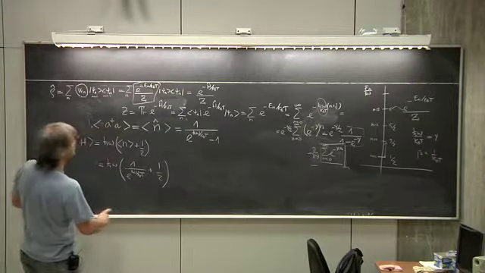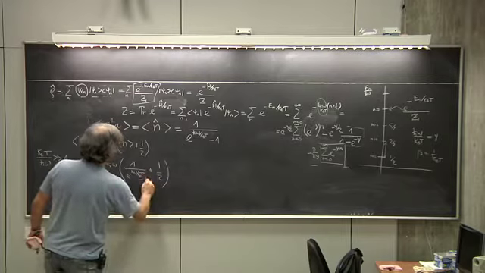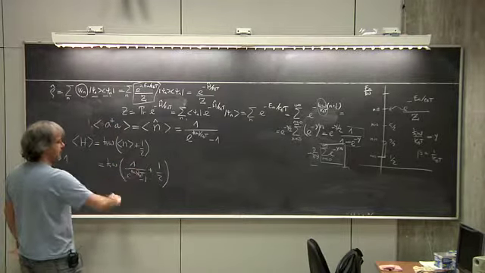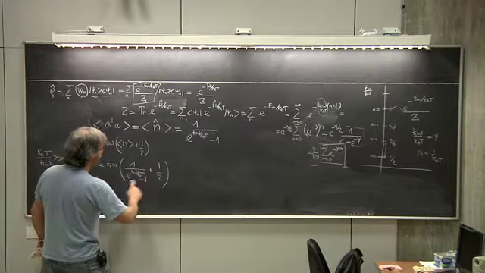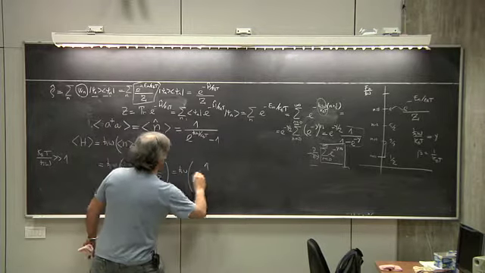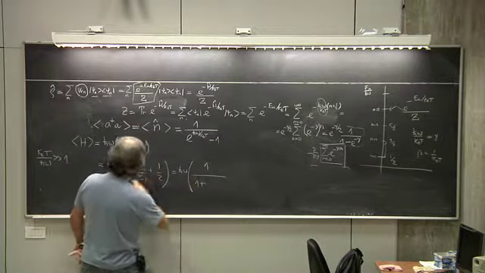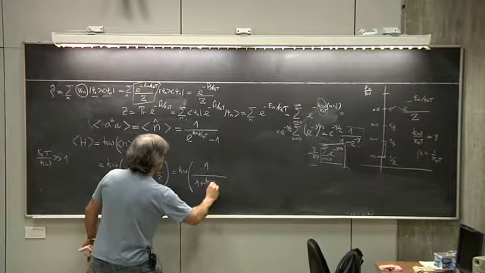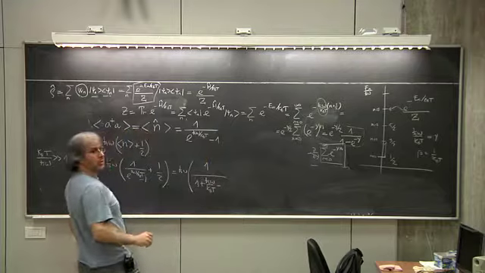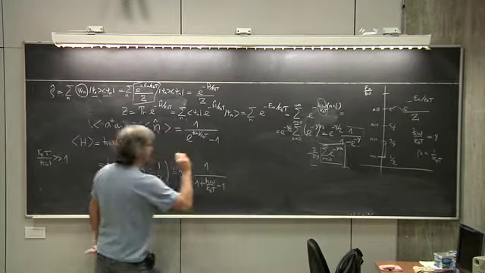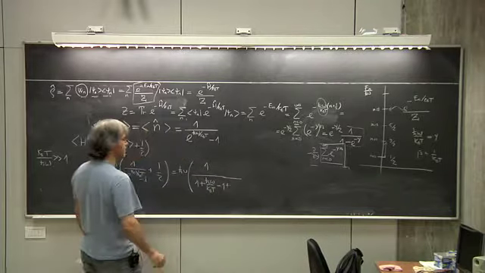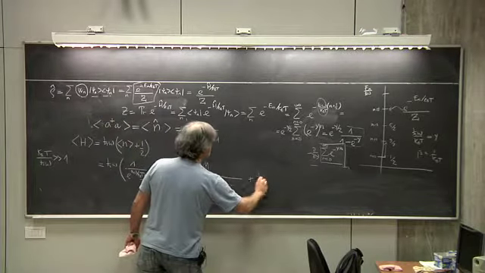I can expand this for small values of the argument. So I have 1 plus h bar omega over kBT, plus smaller things which I neglect, minus 1. And there is a plus 1/2.